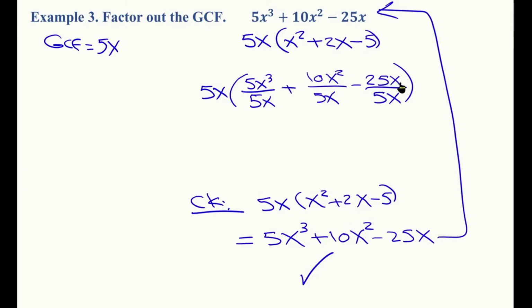And what's 25x divided by 5x? That's where the 5 comes from. So if you can't do this in your head and you need to see more work, show this work. Write the GCF, then divide each of the original terms by the GCF to see what should go here. All right? And that's how you can do it with more support.